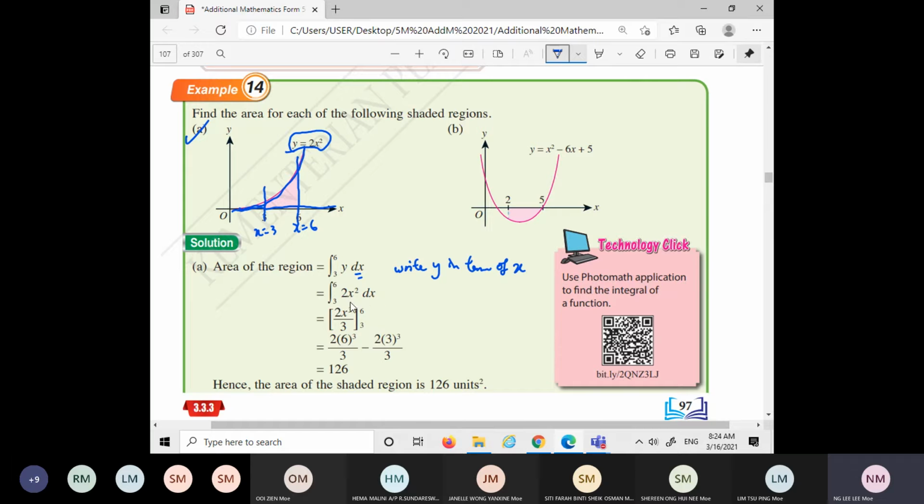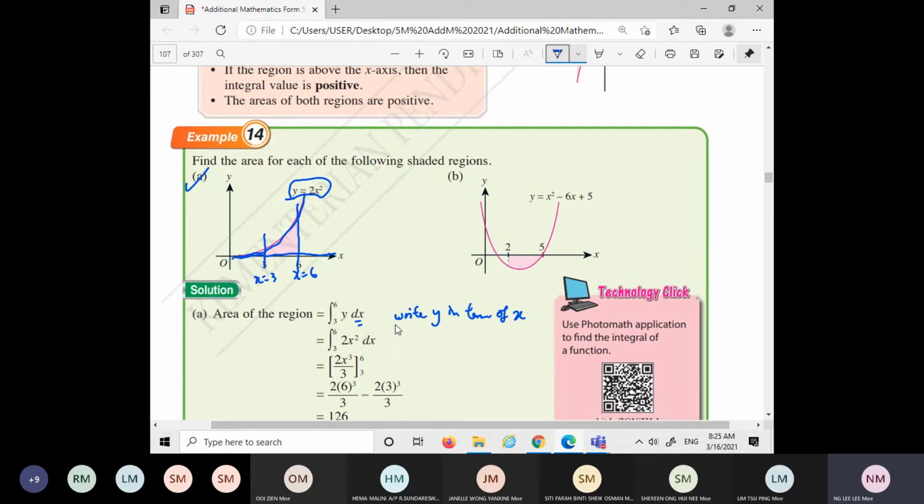How to integrate? The 2 you write back, x squared, the power 2 plus 1 is power 3, over the new power, which is 3. Then put in your limits 6 and 3, then substitute, minus, and you get the answer 126. This is how you use the formula to get the area under the curve.